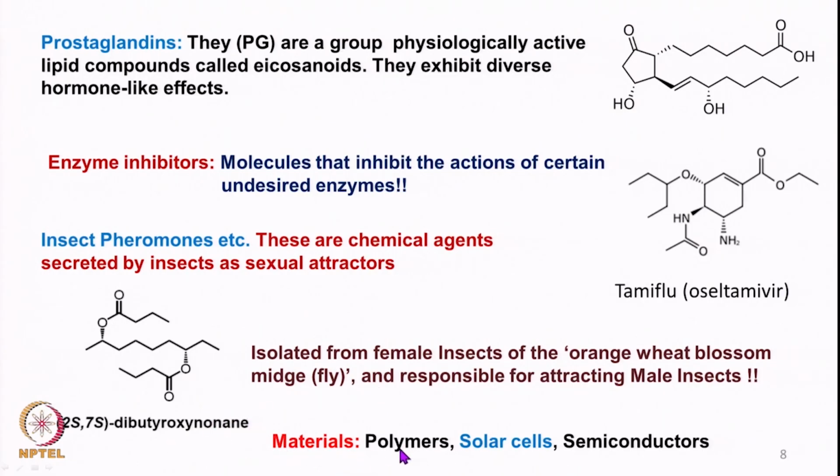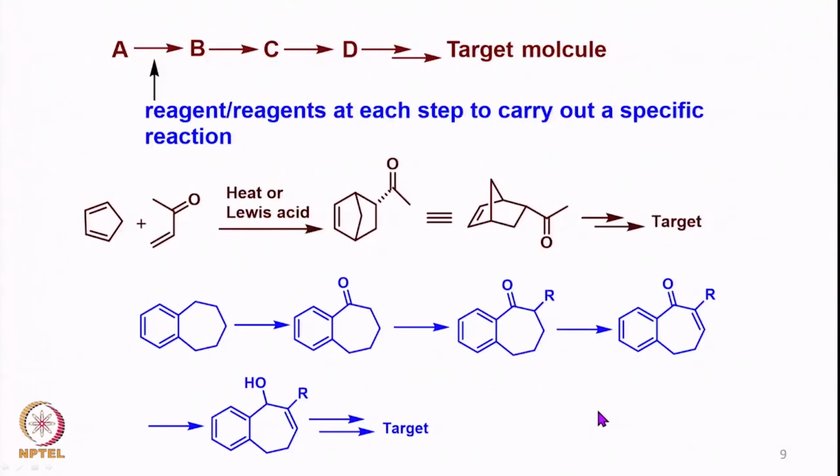Now, there are syntheses of various kinds of materials like polymers, solar cells, semiconductors that require organic synthesis. Organic synthesis of a target molecule, whether it is a natural product or a non-natural product, would involve a number of steps.